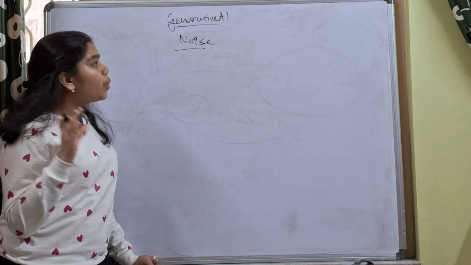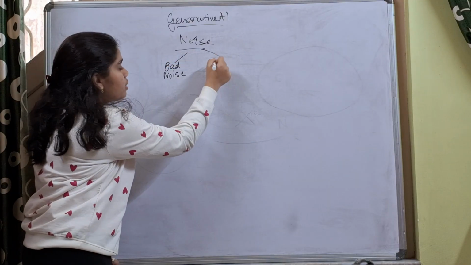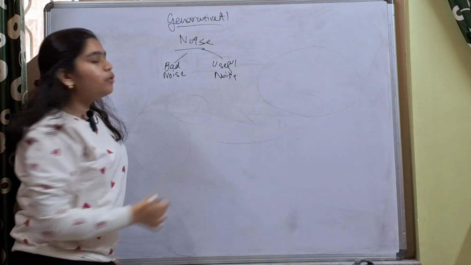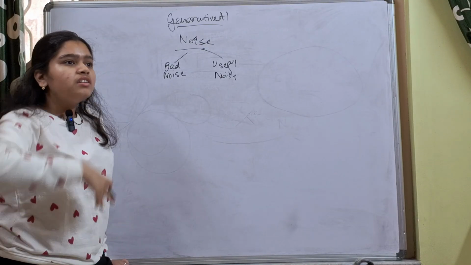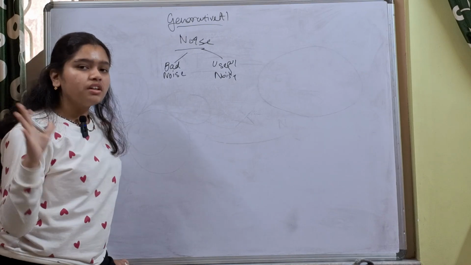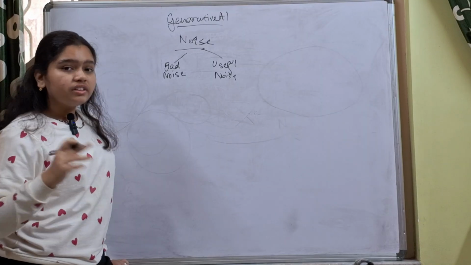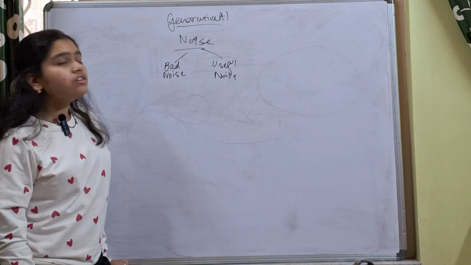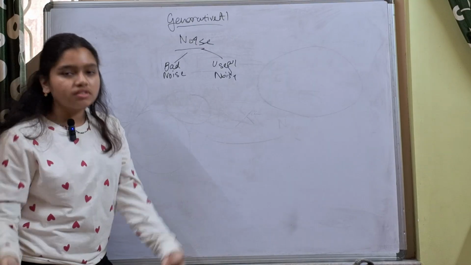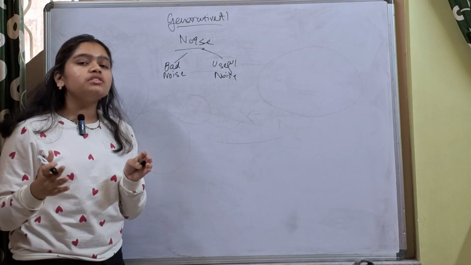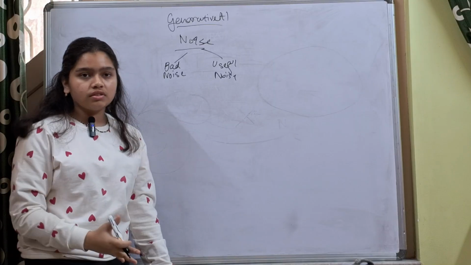Now what is noise? Noise can be of two types. It can be a bad noise or it can be a useful noise. Suppose your teacher is teaching something in class and some students are screaming at the back, some match is going on in the playground, the fan is making a continuous horrible noise, there's a creaking sound in the almirah. Your teacher is trying to impart a message to you, and that message is being disrupted by all these sounds, all these disturbances, right?